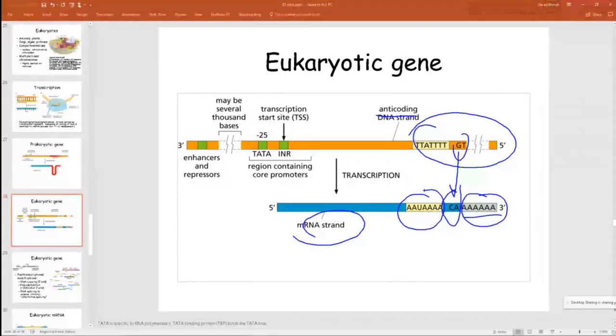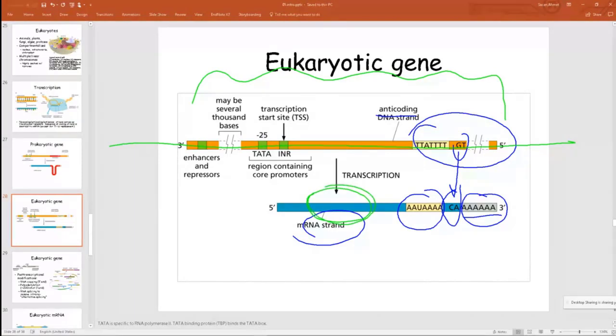Okay. So this mRNA molecule will not be translated into protein in its entirety. Just like from the DNA molecule, we have a portion of it that is being transcribed, from the mRNA molecule, we will also have a portion of it that will be translated into a protein.